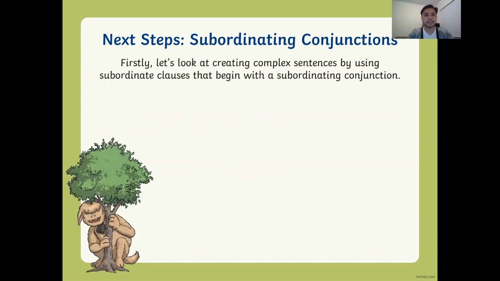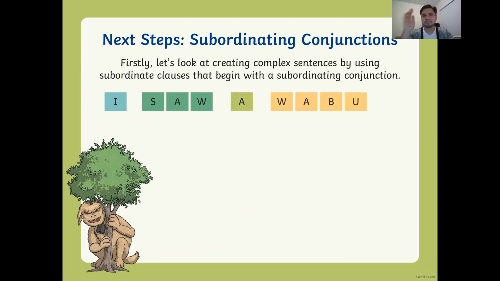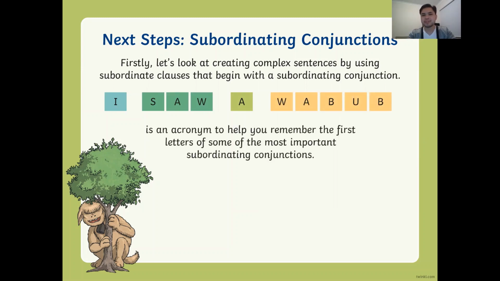All right, subordinating conjunctions. Firstly, let's look at creating complex sentences by using subordinate clauses that begin with a subordinating conjunction. This is an acronym. It sounds a bit funny, but it'll stick with your brain forever, okay? All right, I saw a wubub.